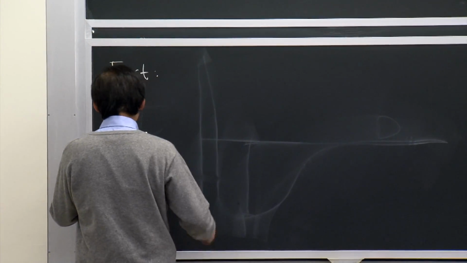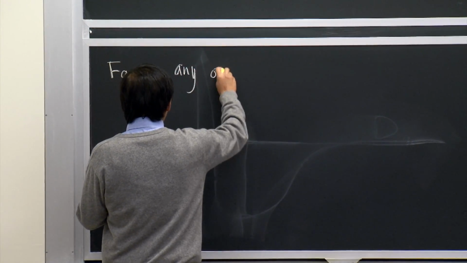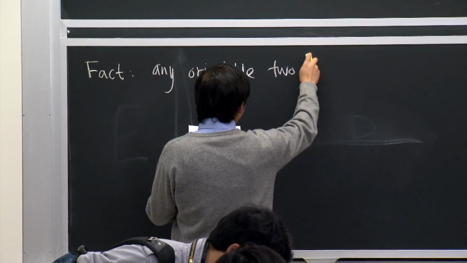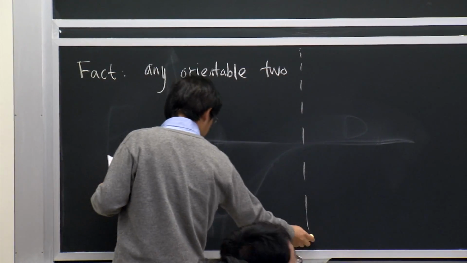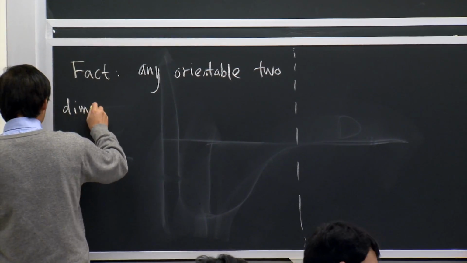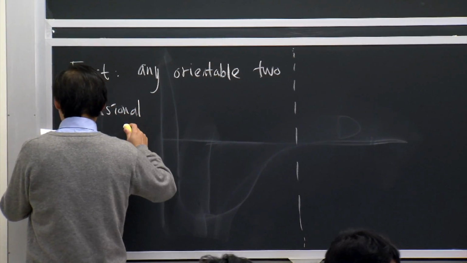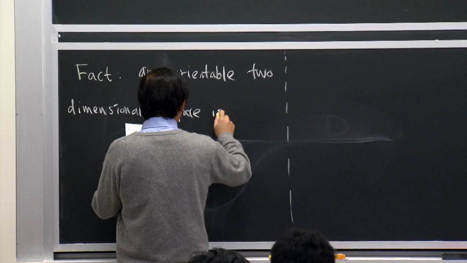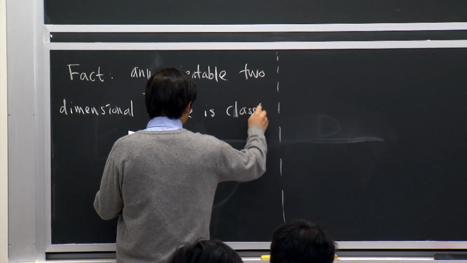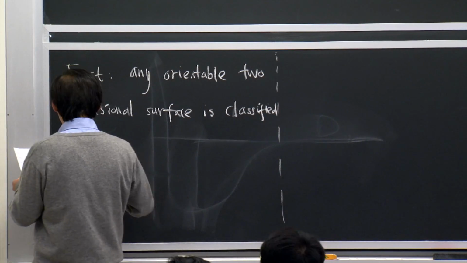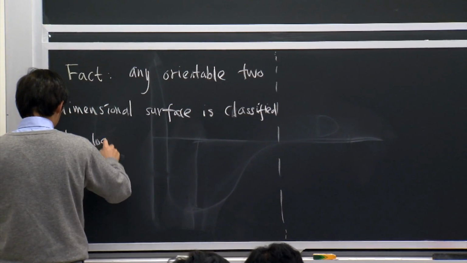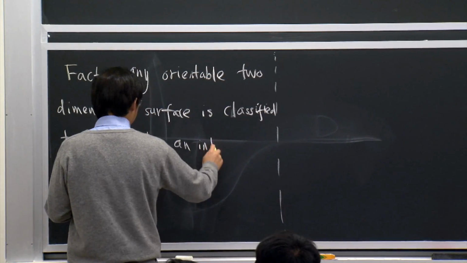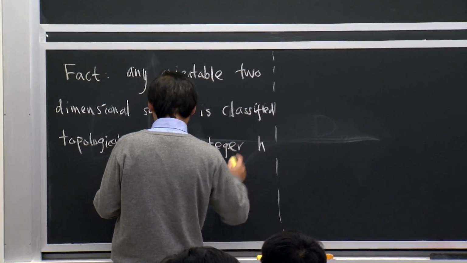Any orientable two-dimensional surface is classified topologically by an integer, which I will call h.